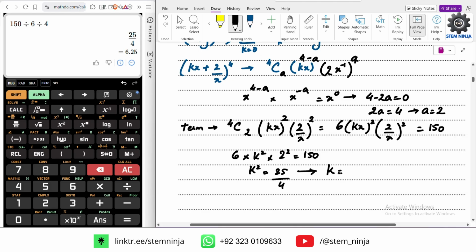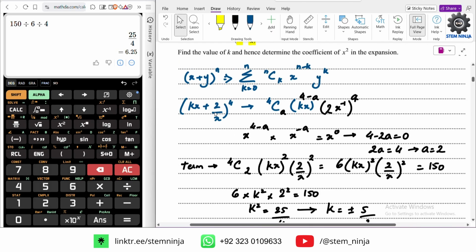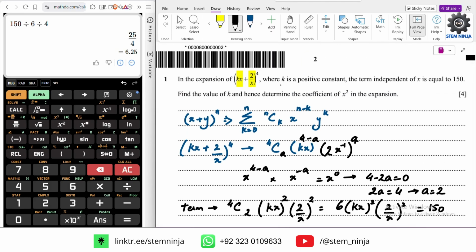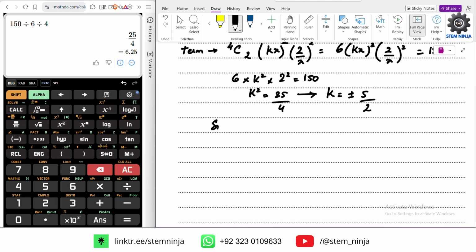So k is plus or minus 5 over 2. Now we need to see the condition on k: k is a positive constant. So since k is greater than 0, k is positive 5 over 2.